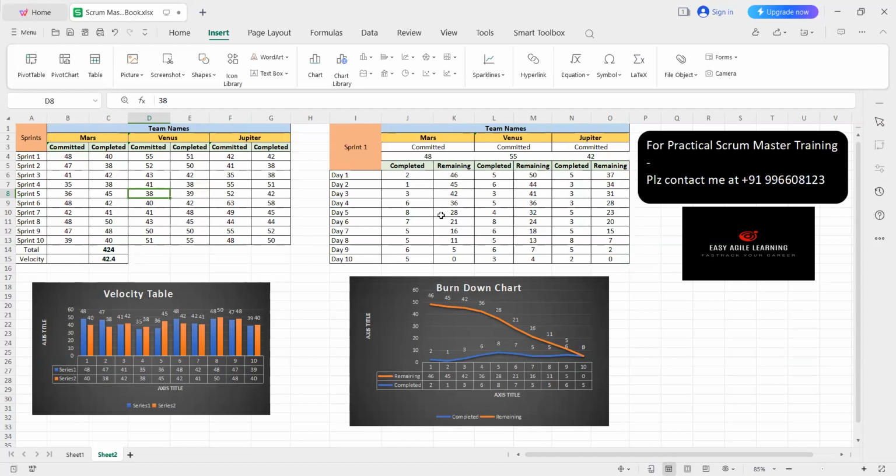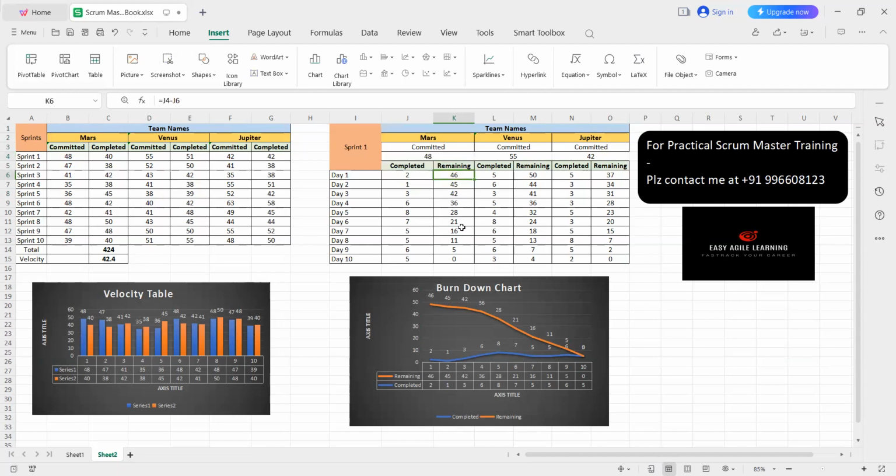And similarly, on the right side, I have the daily basis completion details. So I have started the first sprint here. On the first sprint, the first day, team has completed only 2 story points. So out of total 48 story points, there are 2 story points completed and remaining story points are 46.